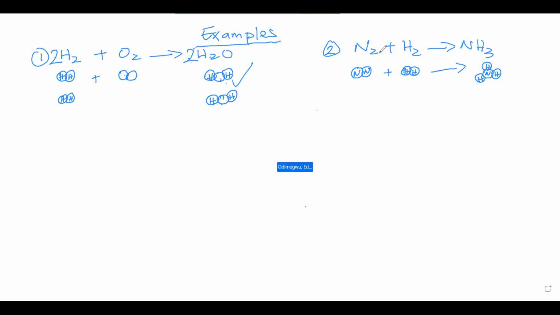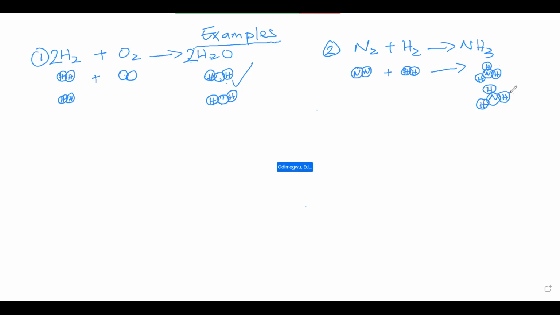Then for N2 + H2 → NH3, now you have 1 nitrogen here, 2 nitrogen here. So again, we will add another set of this. And then now we have nitrogen, there's 2 here also. 1, 2, 3, 4, 5, 6.